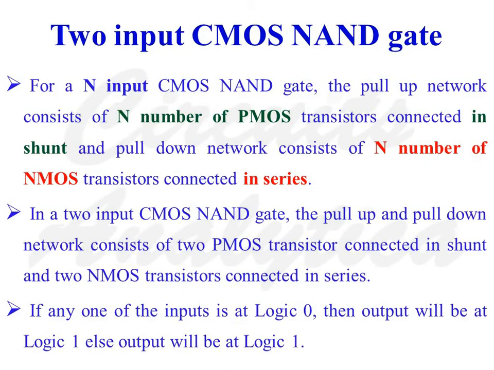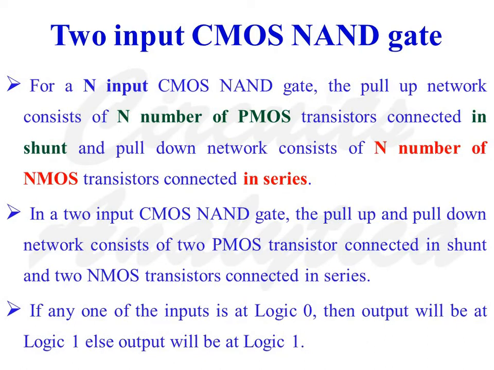Now let us discuss a 2-input CMOS NAND gate. For an n-input CMOS NAND gate, the pull-up network consists of n number of PMOS transistors connected in shunt, and the pull-down network consists of n number of NMOS transistors connected in series.